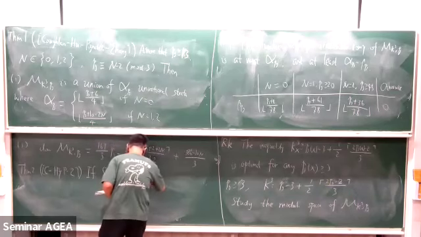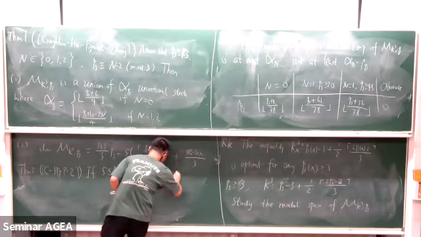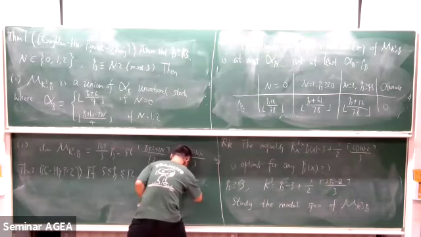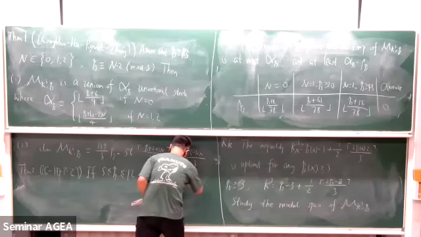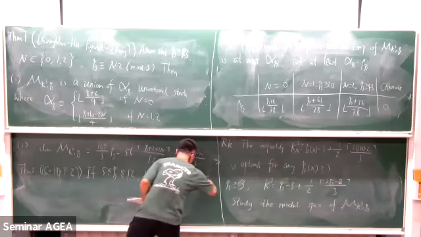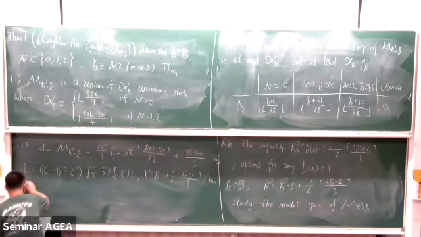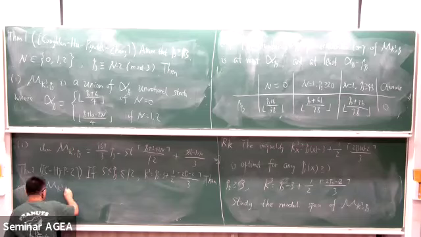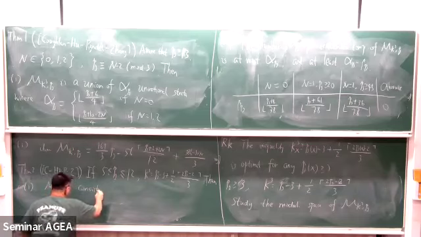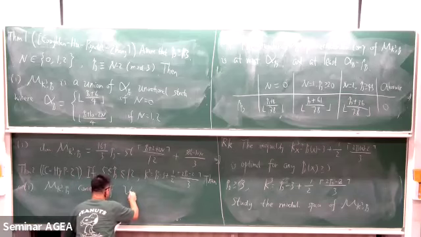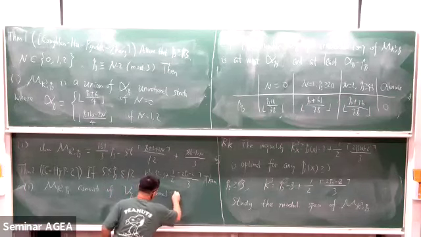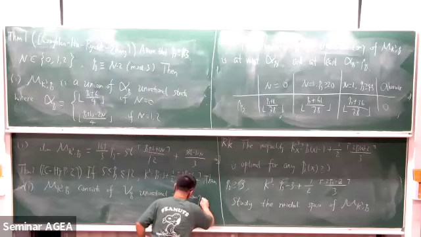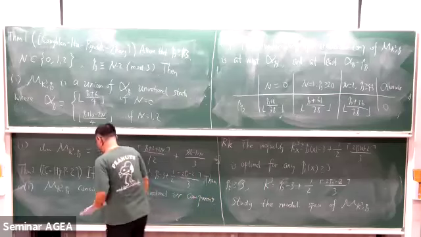Then M, the moduli space, consists of also new PG unirational irreducible components. And the number is like this.